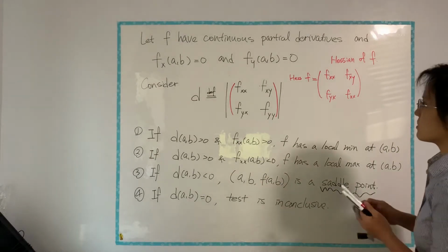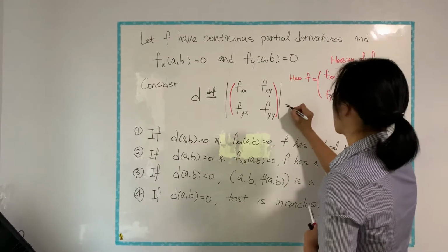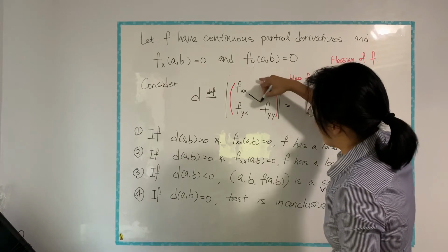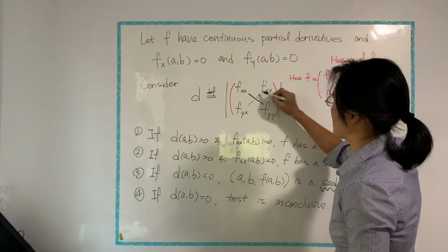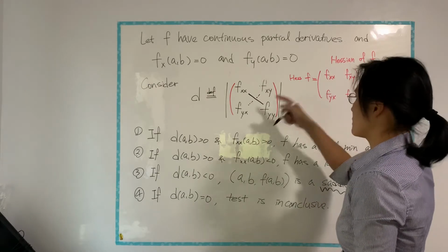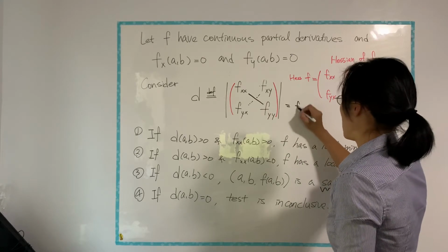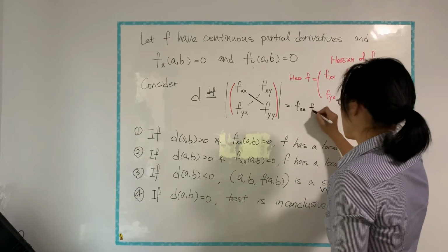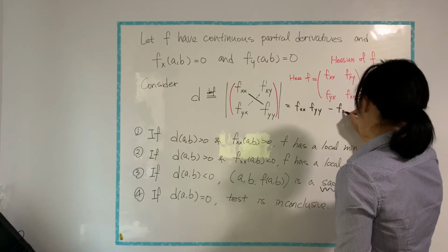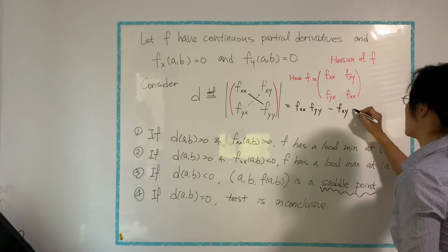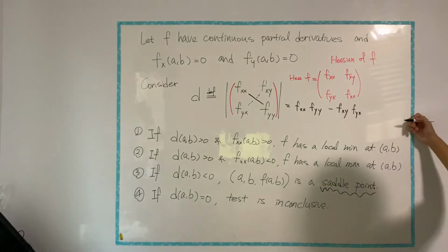Once I have a 2 by 2 matrix, the determinant is this: you multiply the terms along the diagonal, minus the product of the terms along the off-diagonal. That would be f_xx times f_yy, minus f_xy times f_yx.